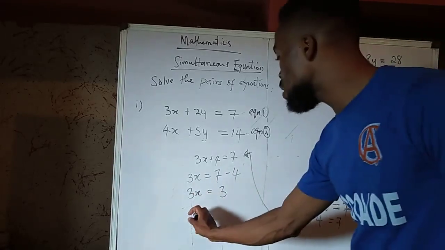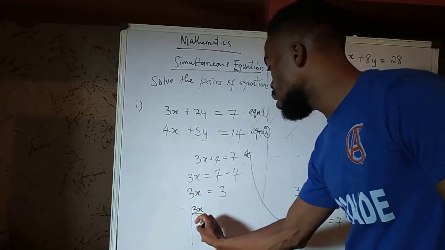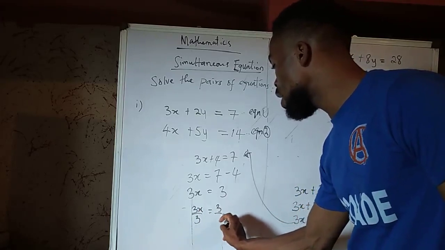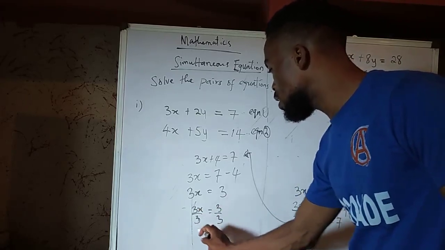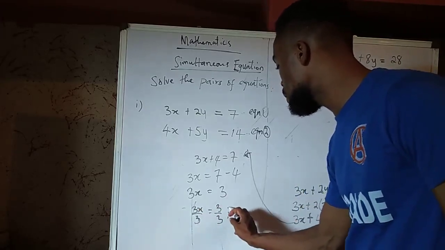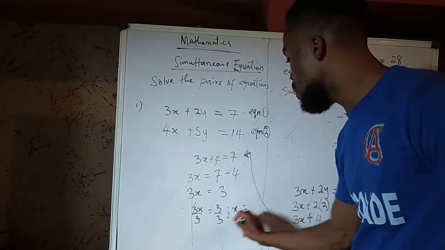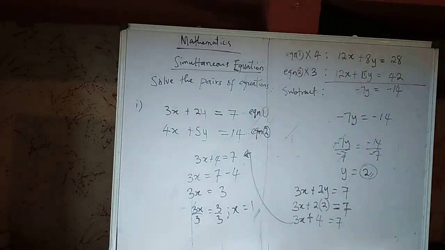So we divide both sides by 3. This cancels and we get x equals 3 divided by 3, which is 1. So we have our solution.